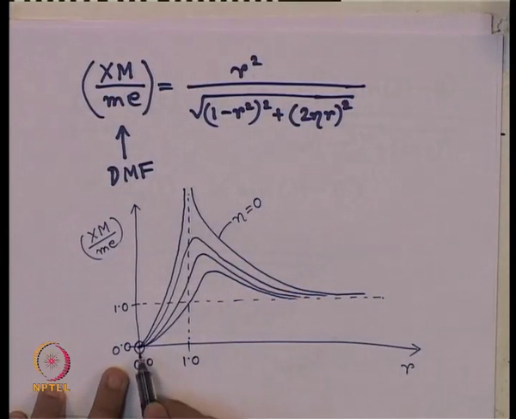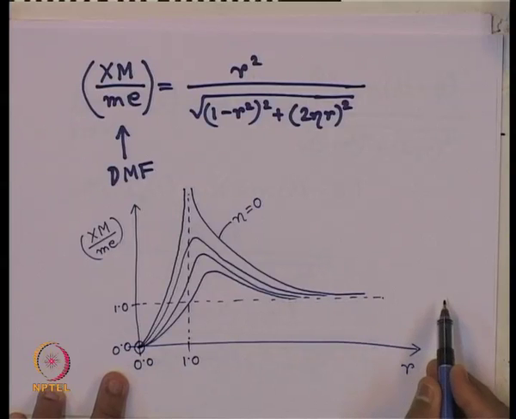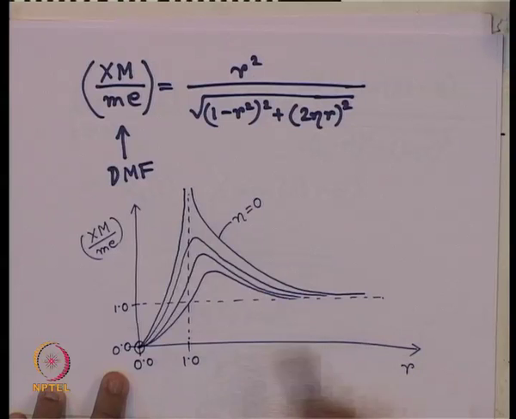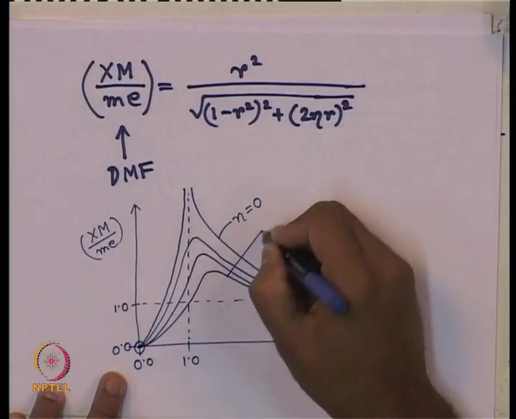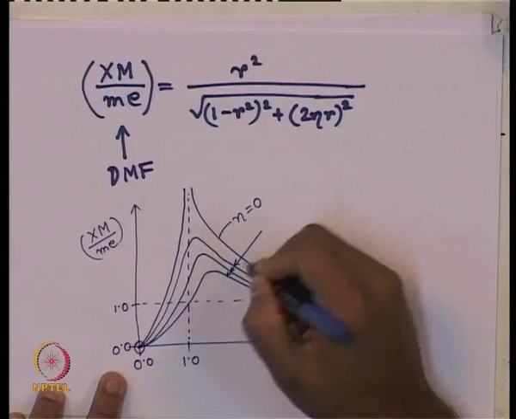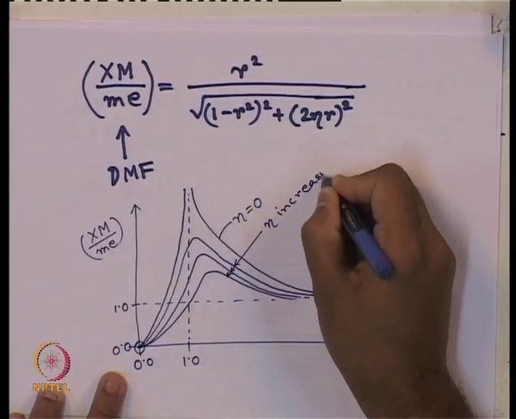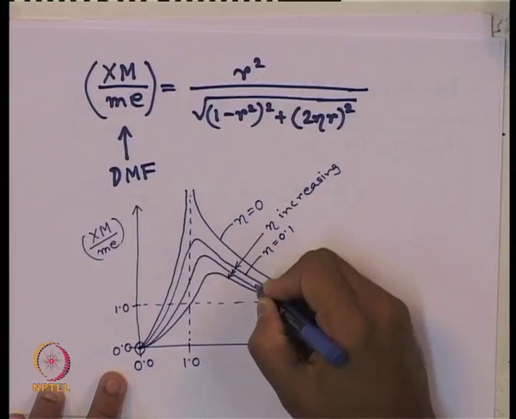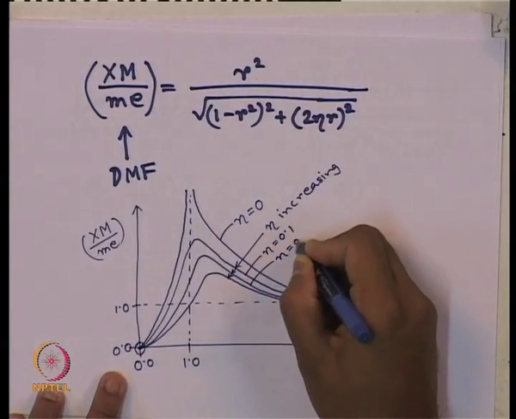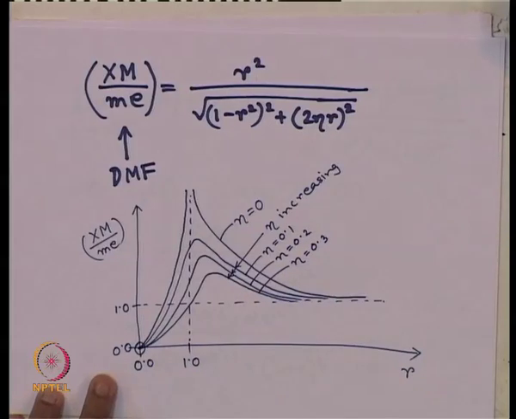The starting point is always the same, 0, 0, and the end point is always the same, approaching x m by m e equals to 1. These are in the order of eta increasing, that is say eta 0.1, then this is eta 0.2, then this eta 0.3, like that.